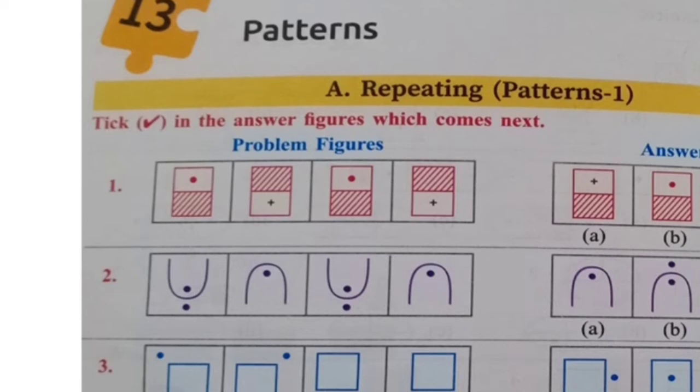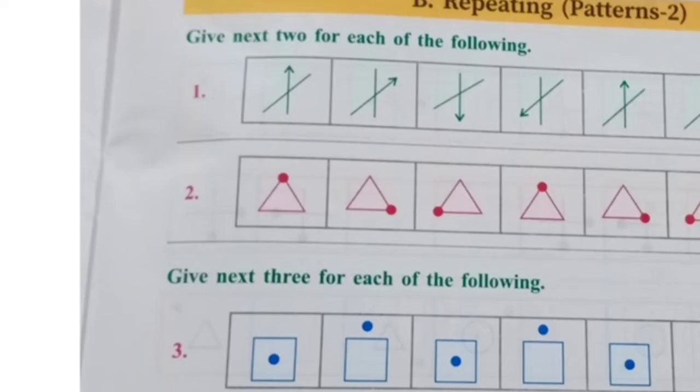Third picture, it is exactly opposite of first picture. And fourth picture is exactly opposite of second picture. Okay. So next one, we have to find out the option.